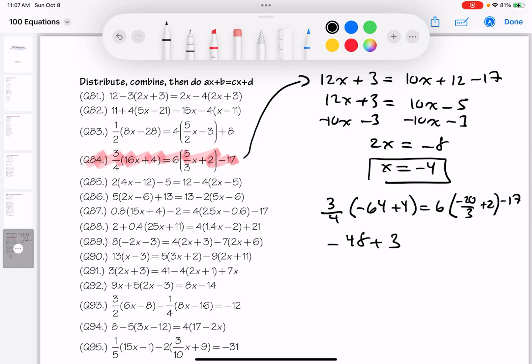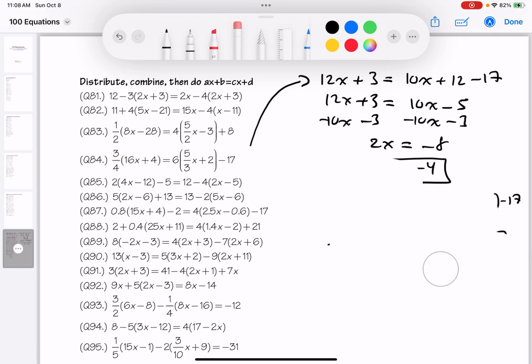Plus 3 equals, well, let's do this. 3 goes into 6 2 times. You get minus 40 plus 12 minus 17. You get minus 45. This is going to give you what? Let's see. You're going to get minus 28 minus 17. And 28 and 17, let's see, 35, 45. Looks beautiful. We got that one. So we just finished 84. We're done with that. We'll go to 85 now.